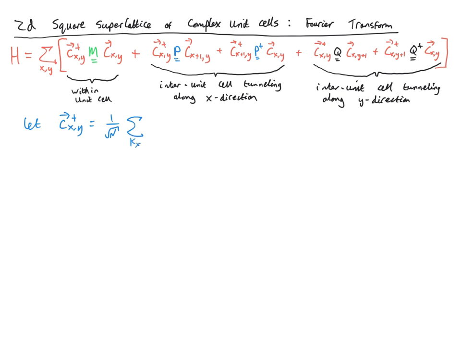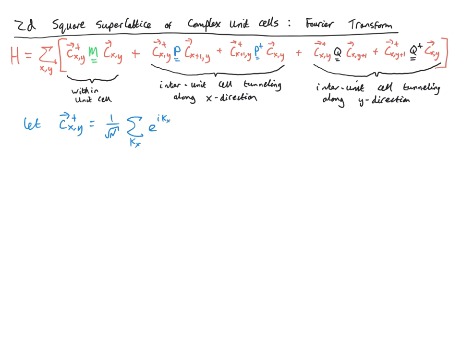And let's look at the Fourier transform of these operators along the x direction. So I'm going to let this be a sum upon kx, the momentum along the x direction. And again, by Noether's theorem, I know that because there's a translational symmetry along x, there is a corresponding conserved momentum along x, and that's this object kx.